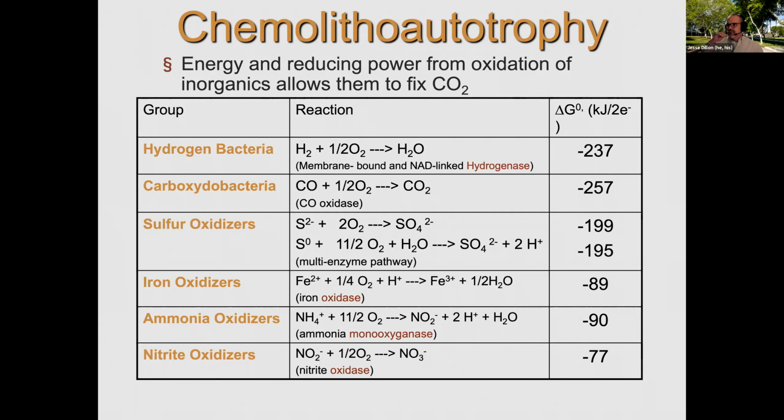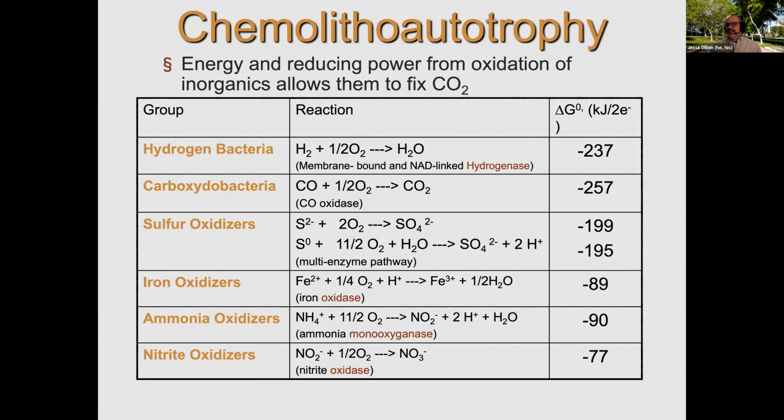So instead of reducing things like sulfate and nitrate, you can oxidize them. And these are very commonly used by chemolithoautotrophs. When I say chemolithoautotroph, what's the thing that should pop into your head? Where do they get their carbon from? Rocks, I guess.